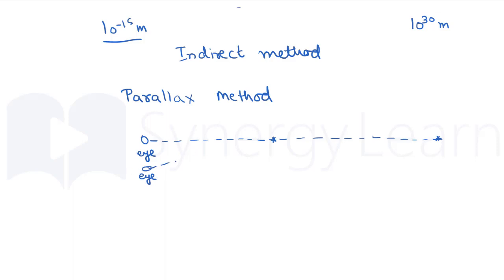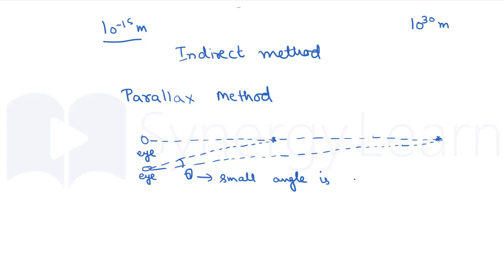Then the orientation of the two objects changes. That is, the lines joining our eye to these objects are different now, and there occurs a small angle between the two lines joining the object to our eye. This small angle is the result of parallax.